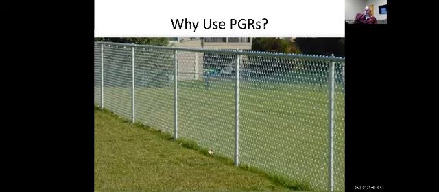Well, ideally, and as with any PGR, you're going to initially cut the grass to whatever your desired aesthetic is going to be. And at that point, you're going to apply the PGR. So in the case of this fence row, you definitely would want to come in and weed eat initially before you apply the PGR.